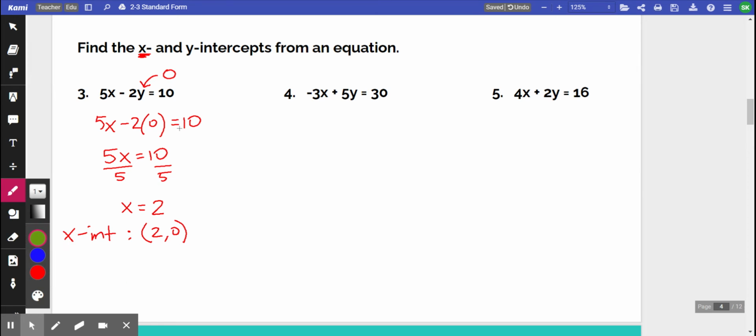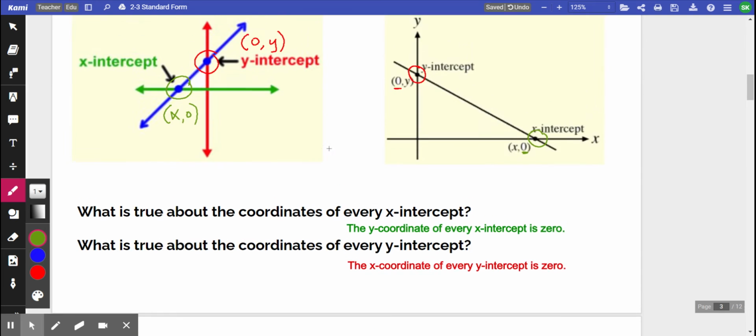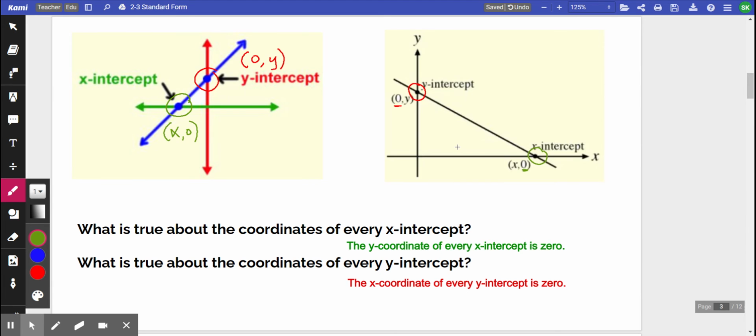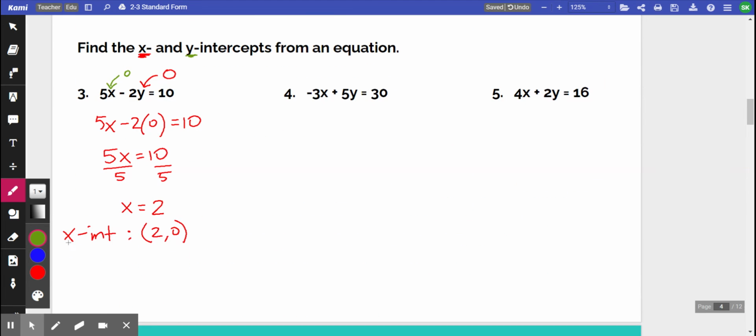For the y-intercept, we can do something similar. This time, I'm going to plug in 0 into the x, since I know that the x-coordinate of every single y-intercept is 0. So this time, I'm going to say 5 times 0 minus 2y equals 10. 0 times anything is 0, so really this is negative 2y equals 10.